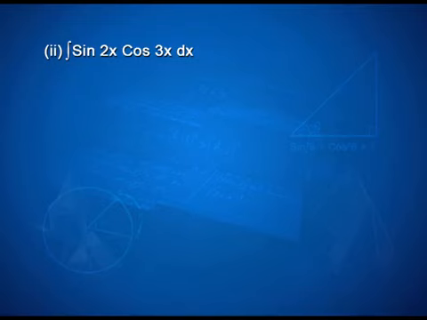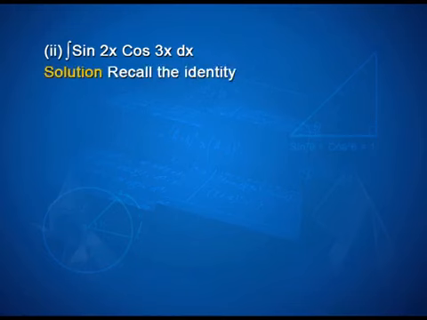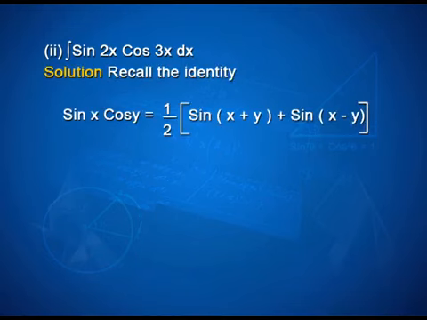Another example, to integrate sin 2x into cos 3x dx. Recall the identity sin x cos y is equal to 1 upon 2 into (sin (x plus y) plus sin (x minus y)).